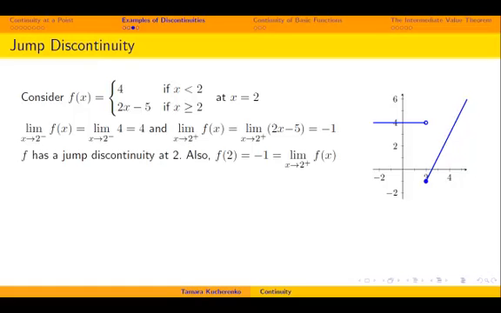To describe this behavior, it is convenient to define one-sided continuity.